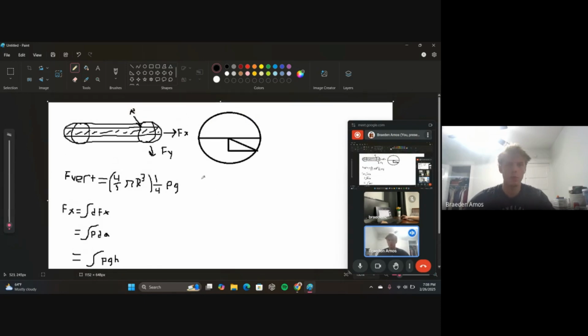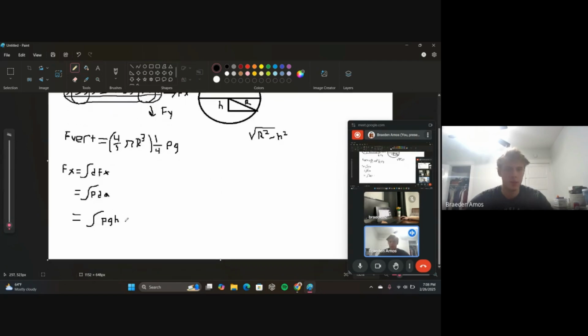And so I'm going to go back up here. So we have our height here and our radius here. And so we need the x component of this, so it would be this value, which would be the square root of r squared minus h squared.